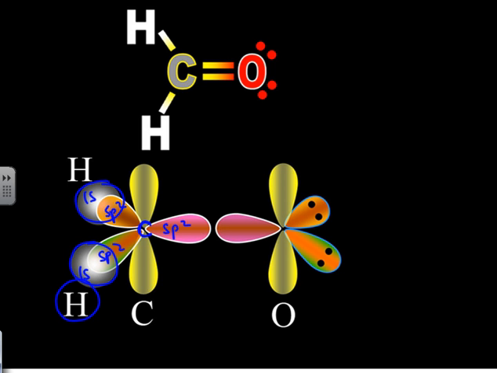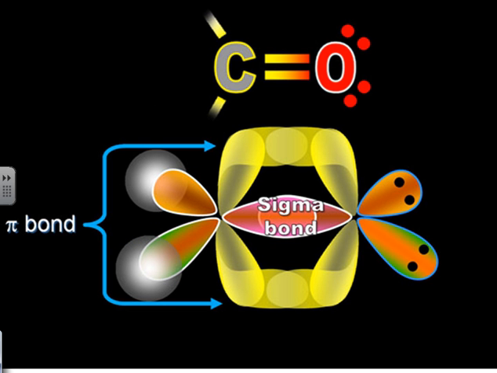This sp2 from carbon will also overlap with the sp2 from oxygen to make one of these bonds here. But we actually have a double bond between carbon and oxygen. That double bond comes from the overlap between the one remaining p orbital. Looks like that. Okay, so again, here's my carbon, here's my oxygen, here are my hydrogens.